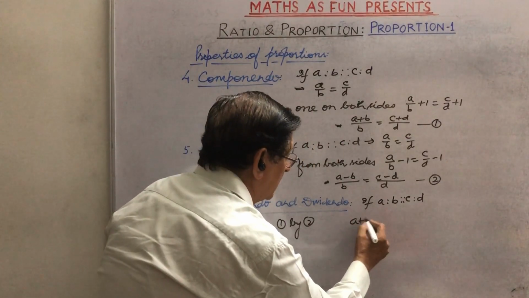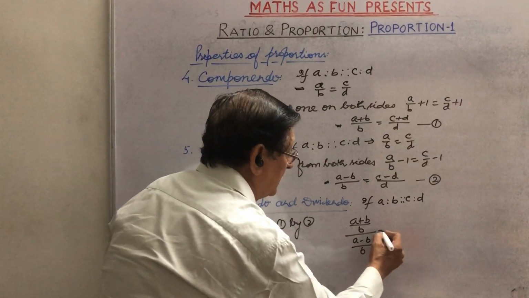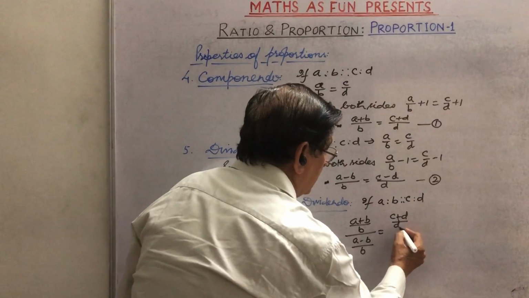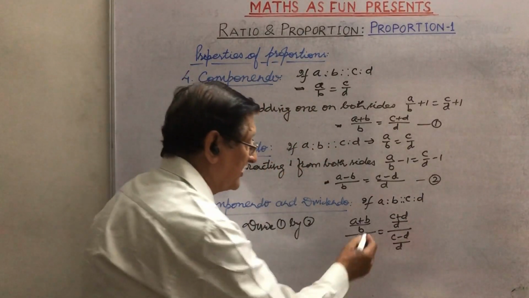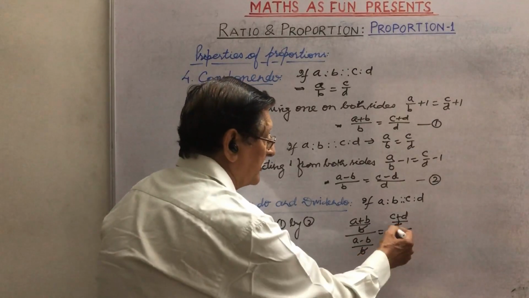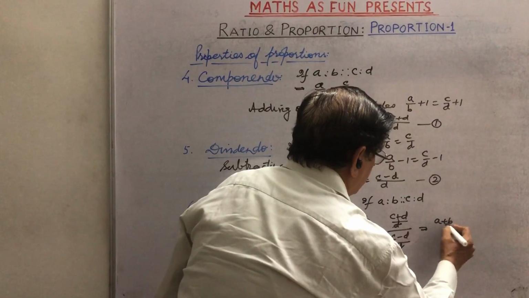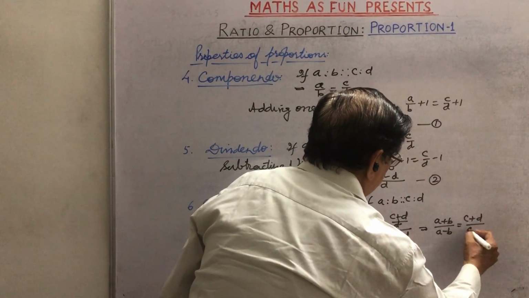Do we get here A plus B upon B whole upon A minus B upon B is equal to C plus D upon D whole upon C minus D upon D. And we find this B cancels this B, D cancels this D. So we are getting here A plus B upon A minus B is equal to C plus D upon C minus D.